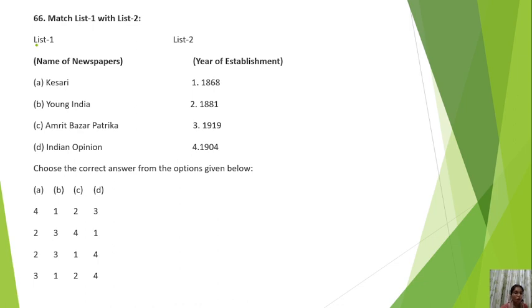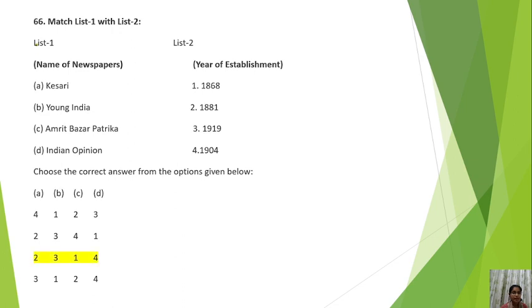If you see option D, Indian Opinion, it was started by Mahatma Gandhi when he was in South Africa, in 1904. Young India was started in 1919. Kesari was in 1881. Then Amrit Bazar Patrika, ABP, 1868.